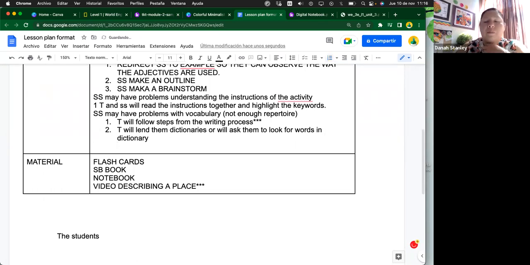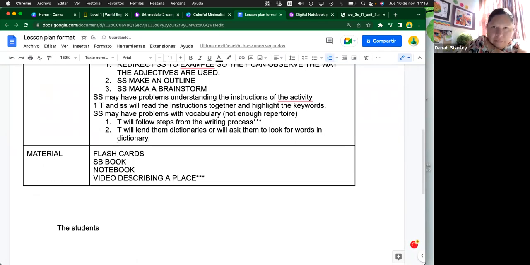Do you remember that we saw the writing process in module 1, where they needed to prepare or gather all their ingredients? As you said, Mrs. Stephanie, to make a brainstorm, okay? But that is before they start writing.